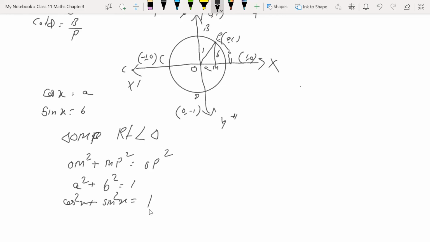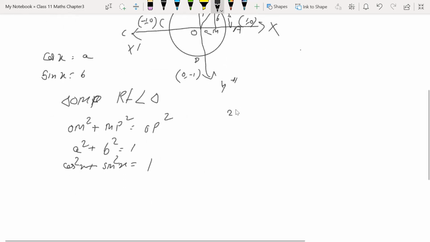As we know, one complete revolution subtends an angle of 2 pi radian at the center of the circle. Going from here to here, it again completes a revolution of 360 degrees, that is 2 pi radian. Angle AOB, this is the point A, angle AOB is pi by 2.